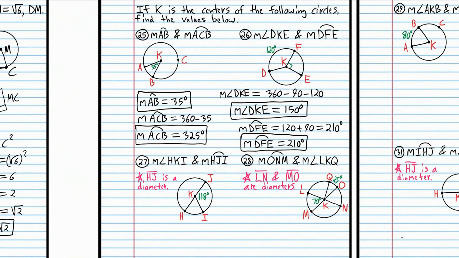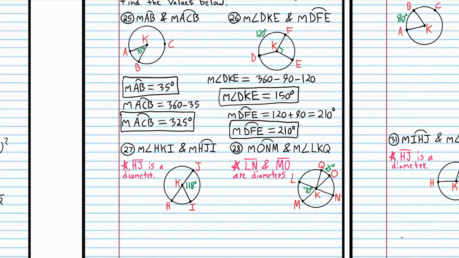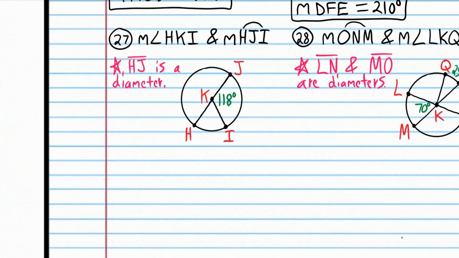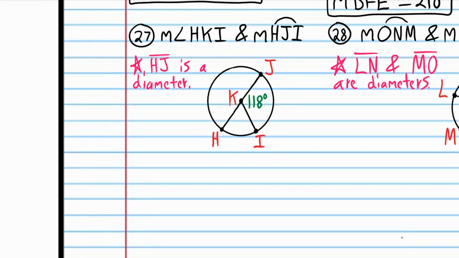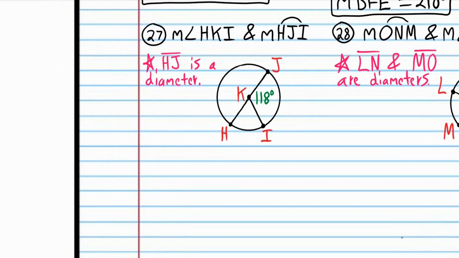So let's try a couple more of these problems before you try one on your own. The measure of angle HKI and the measure of arc HJI. So HKI, that's this angle here, but that's a straight angle, because we know that HJ is a diameter. They told us that, and we can kind of see that it's a diameter. So the measure of angle HKI, whoops, that's actually not the right angle.